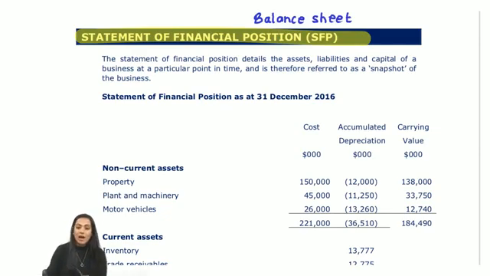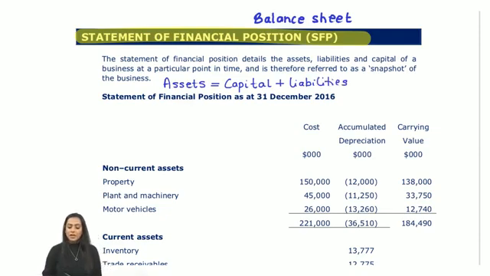And the reason why it was called that is because it shows that the assets of a business are equal to the capital of a business plus the liabilities of a business. So at any point in time, all the assets will be equal to the value of capital and liabilities, and they should balance. That's why this was known as the balance sheet.